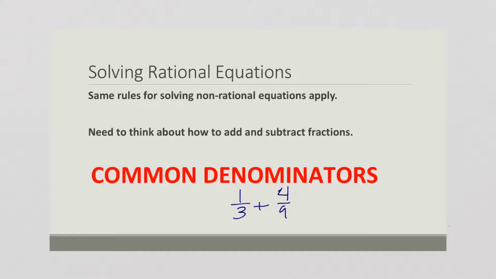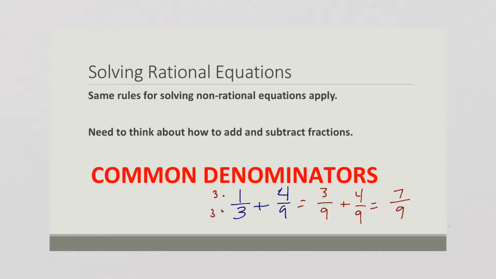So I'm going to take 1/3 and I need to multiply 3 by 3 to get 9, so I need to multiply both the numerator and the denominator by 3. This gives me 3/9 plus 4/9, and now I can add going across. 3 plus 4 is 7, with my common denominator of 9.